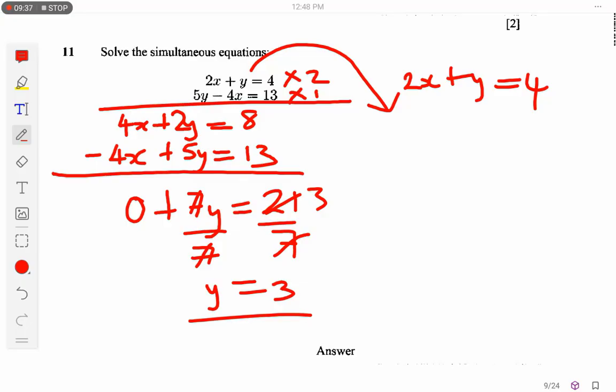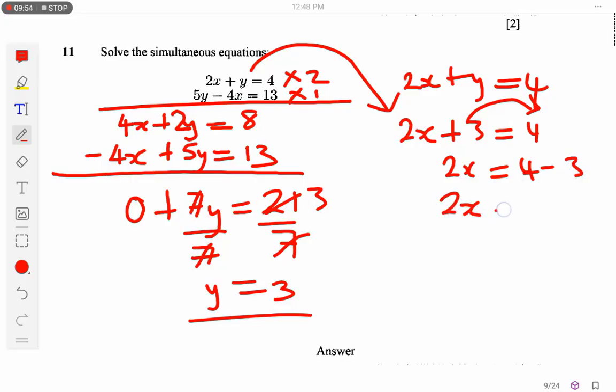Substituting y as 3, I'll have 2x plus 3 is equal to 4. Taking the 3 to the other side, it becomes a minus, so 2x is equal to 4 minus 3. So 2x is equal to 1. I will divide both sides by 2 to get my x.